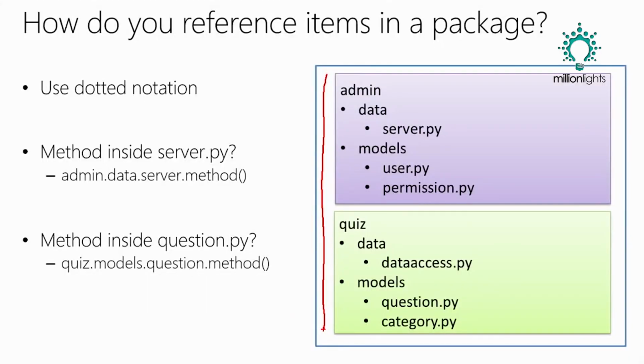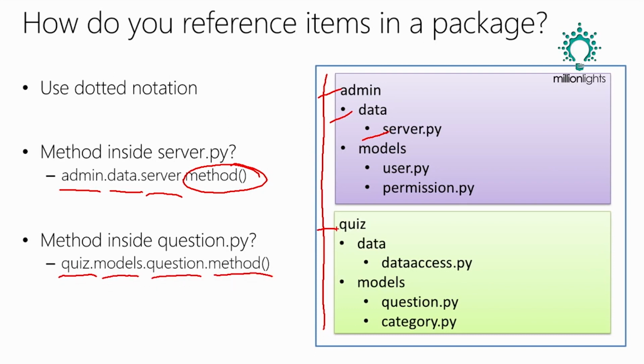Exactly. So you're going to notice that I brought back to life our little example here. How do I grab some method that's inside of server.py? Well, it's going to be admin, data, server, and then whatever the name of the method happens to be. And inside of question.py, how do we get that? Well, quiz, models, question, method.